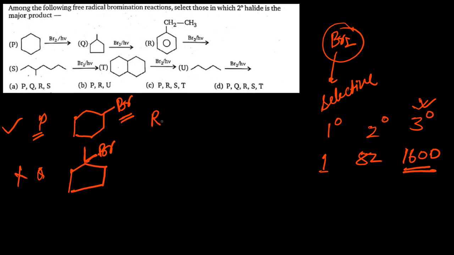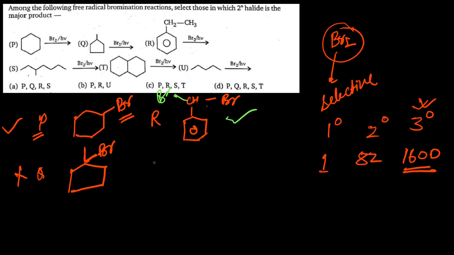Now again in the case of R, the free radical at the benzylic position will be very stable, isn't it? So bromine will come and attack at this place. So R is also correct.